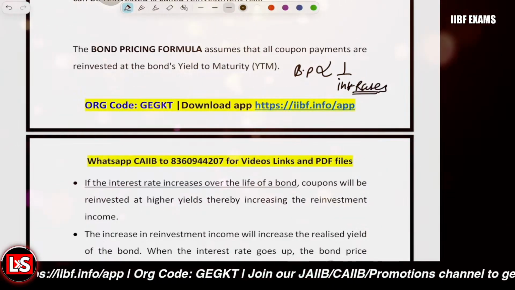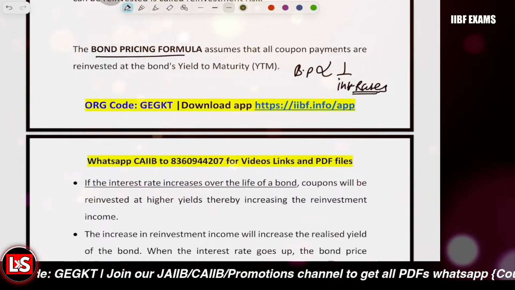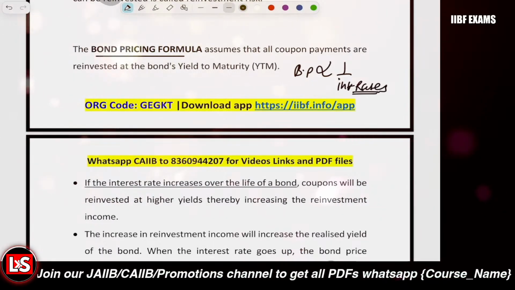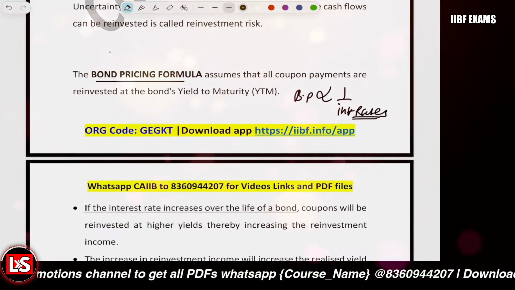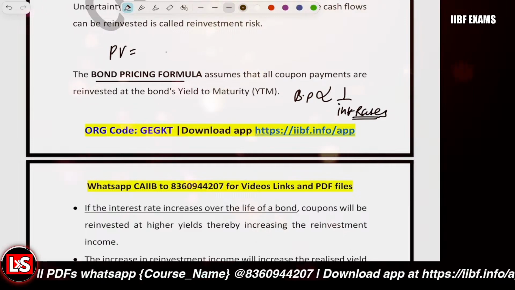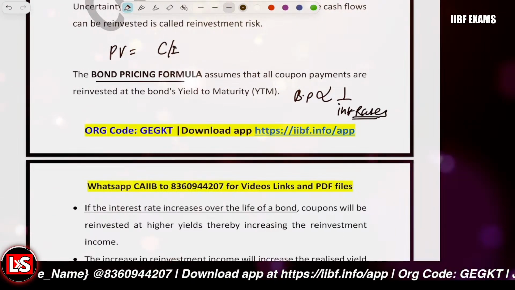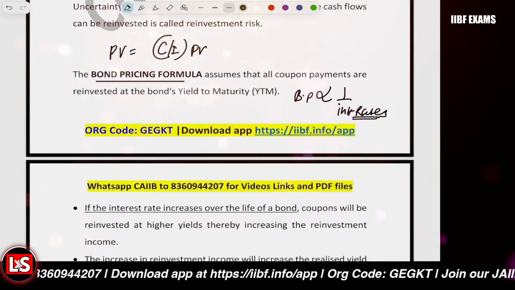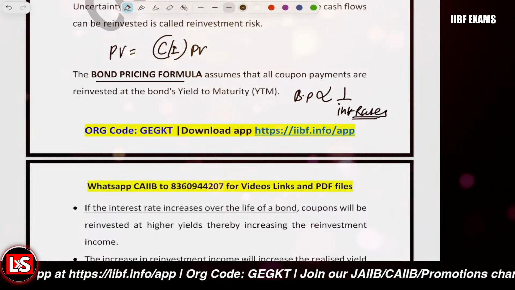And moreover, the bond pricing formula basically assumes what? If you remember, the bond pricing formula is actually what? If we are to calculate the present value of the bond, it is the present value of the cash inflows. Whatsoever the cash inflows are there, whether the coupon or the face value, we have to calculate the present value of the same.